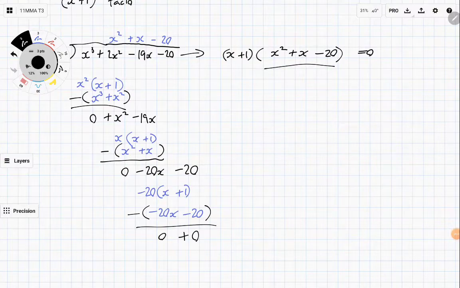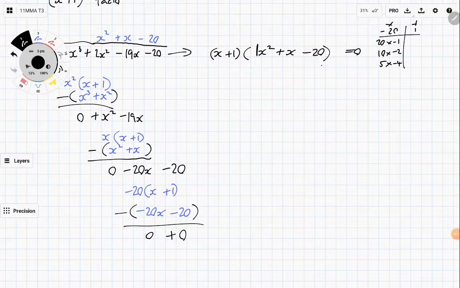Let's factorize this fella. So, I need something to multiply to negative 20, but add to 1. It can't be 20 and negative 1. It can't be 10 and negative 2. It has to be 5 and negative 4. And it is a monic.